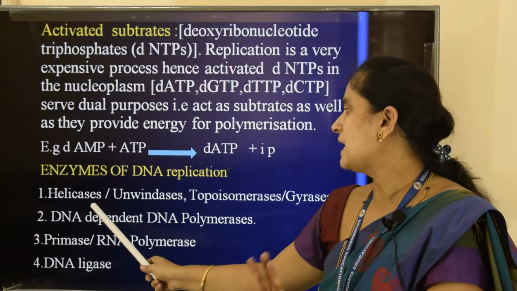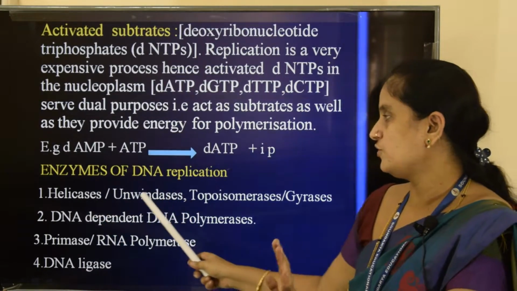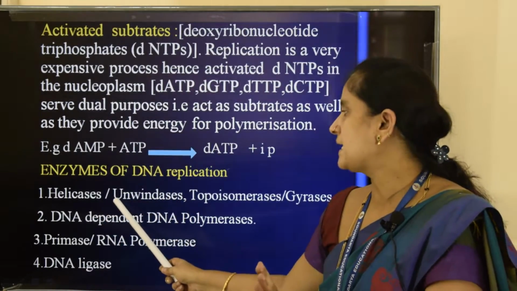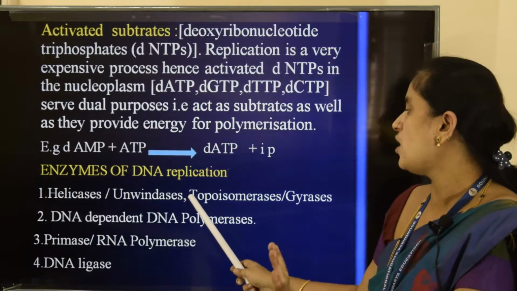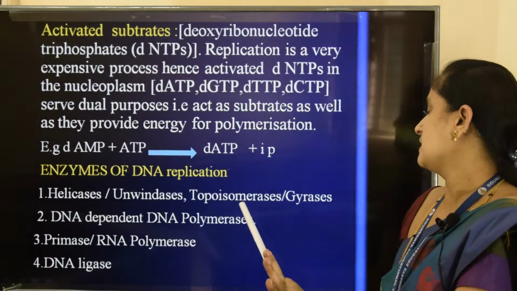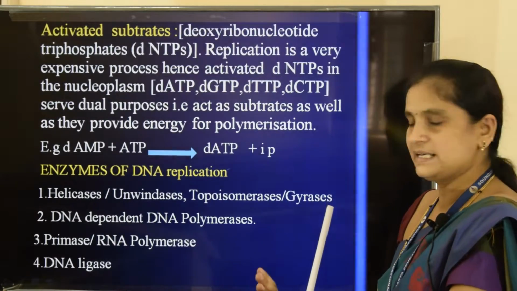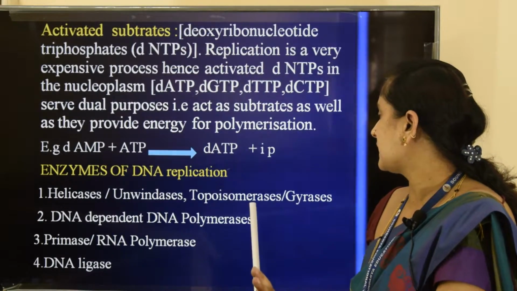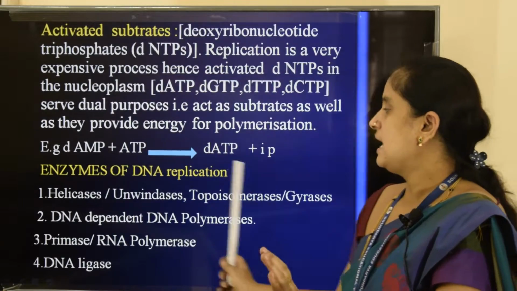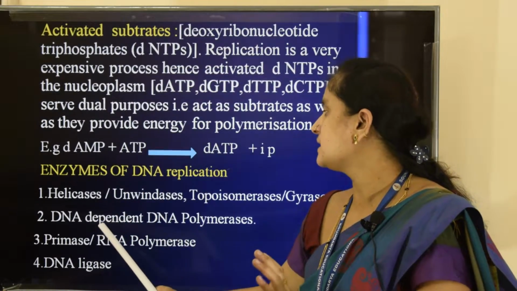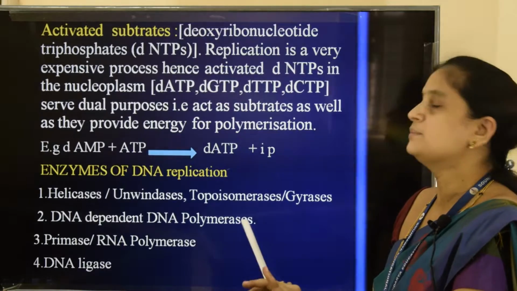What are they? Helicases or unwindases are the first group of enzymes. Along with that, topoisomerases, also known as gyrases. And another group of enzymes are DNA dependent DNA polymerases.